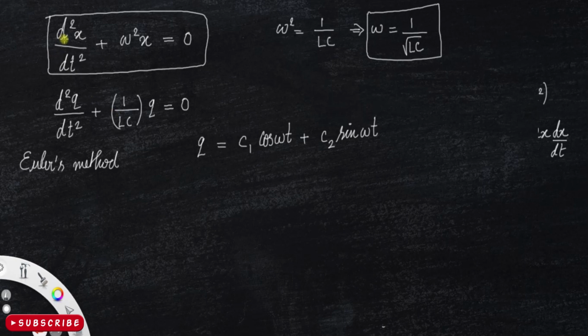For a differential equation of this form, the solution will be in this form, that is q, or here x, is equal to c1 cos omega t plus c2 sin omega t. Okay.